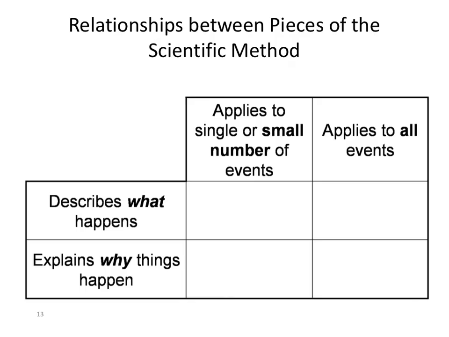And so my final slide in this video is to just sort of summarize kind of what I've talked about, right? So if we were going to fill in this table with some of the pieces of the scientific method that we've talked about, if I wanted to fill in this box here, so it describes what happens and applies to a single or a small number of events, that would be my observations. Right, and if I think about my explanations, but they're my small explanations, those are my hypotheses.